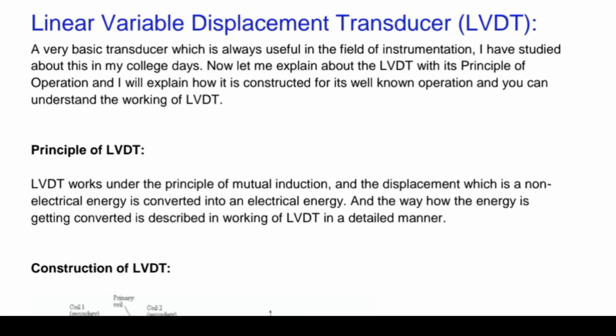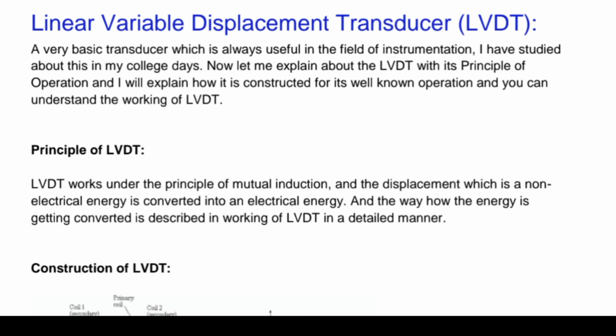The LVDT is also called the linear variable differential transducer, or displacement transducer. Linear displacement can be converted into an electrical signal. That's why it is called a linear variable displacement transducer, or we can say it is a linear variable differential transformer also.